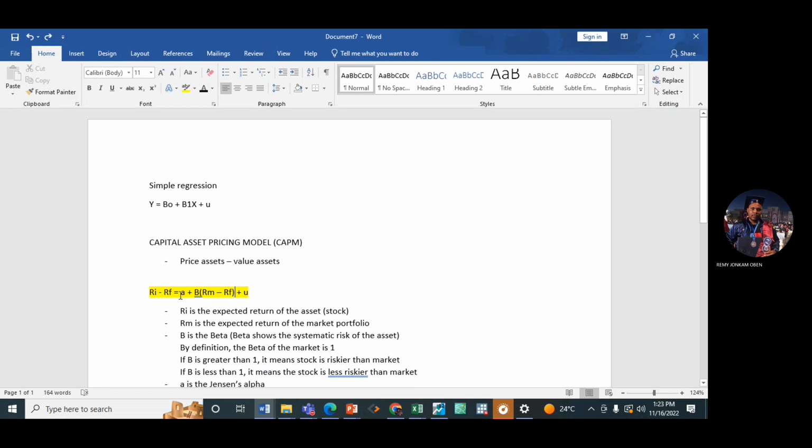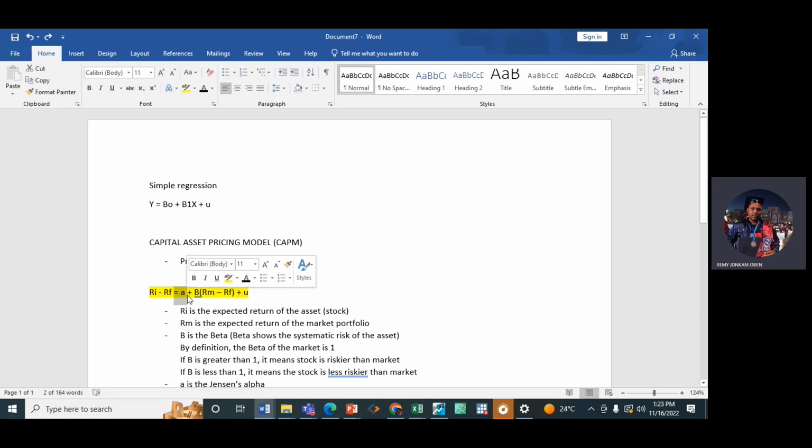We should include a constant in the regression because we want to get the value of Jensen's alpha. So the dependent variable is excess return of stock, and the independent variable is excess return of market.